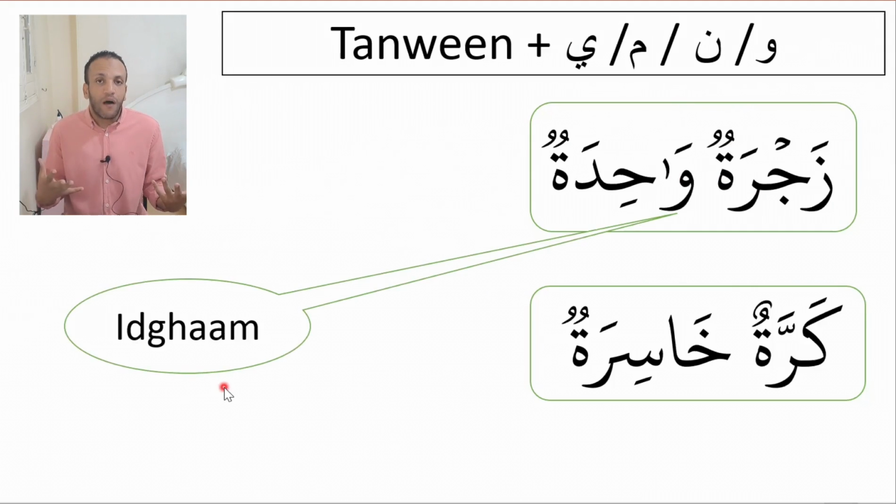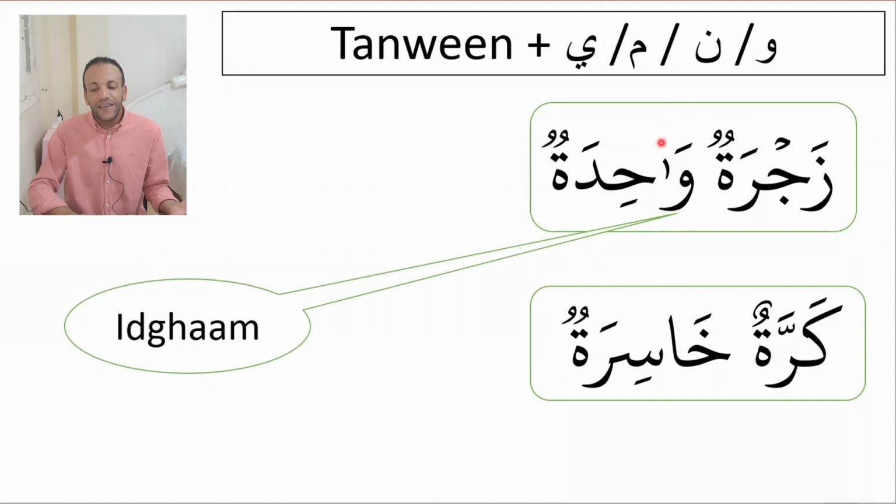We have 2 sections of Idgham. We are covering the first one, which is Idgham with Ghunnah. But we also have Idgham without Ghunnah. So finding Tanween Dhamma written like this means here it is a position of Idgham. Which Idgham? You need to check the following letter.